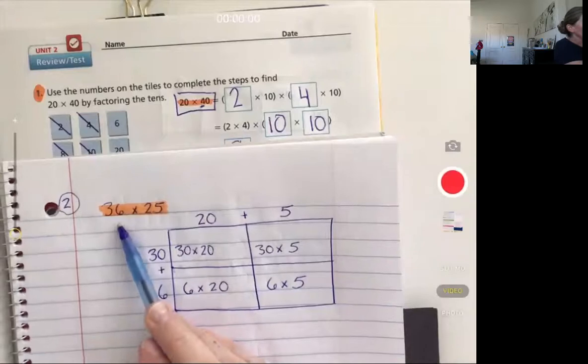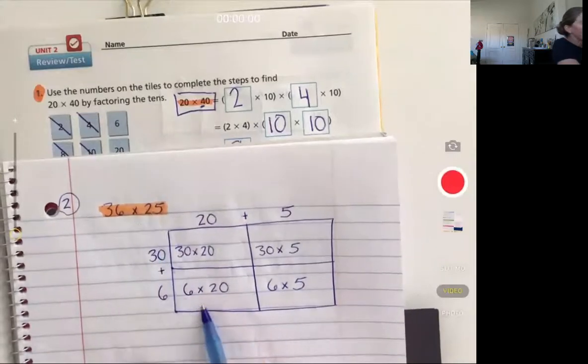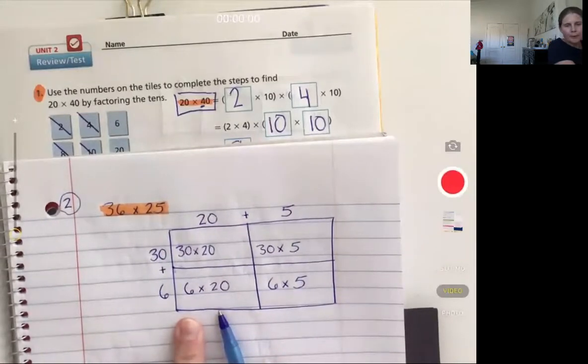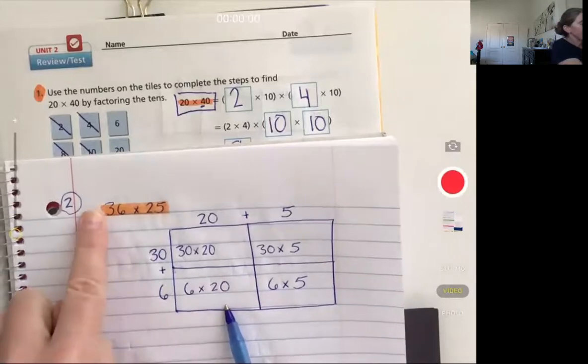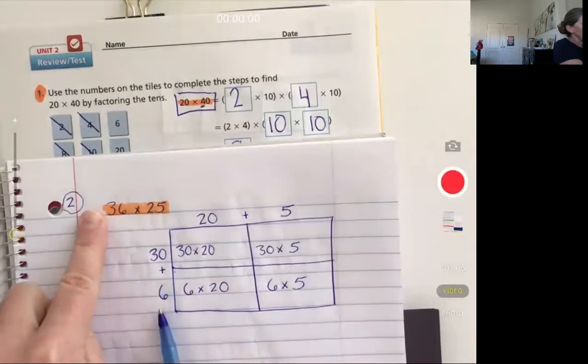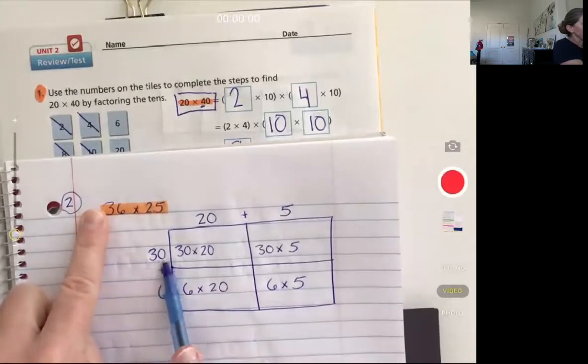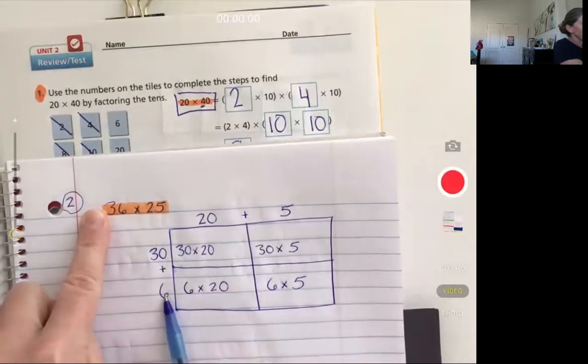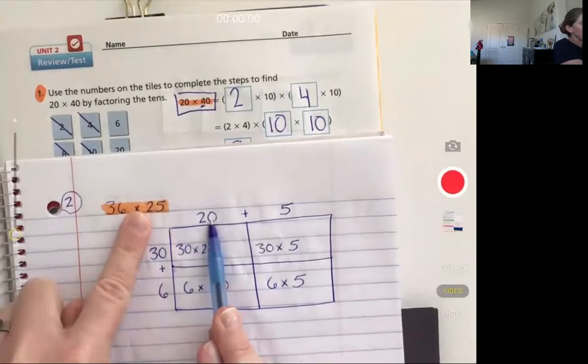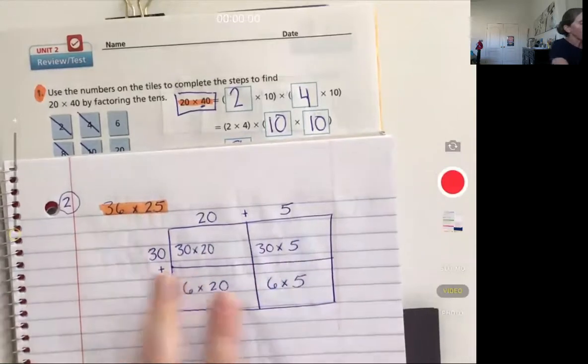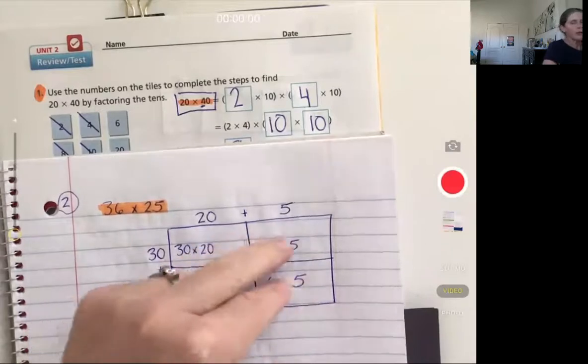I rewrote the 2 by 2, and I wanted to make an area model because this really clearly shows it. I'm taking each number and I'm breaking it up. 36 would be 30 plus 6. 25 would be 20 plus 5. So now I have my 2 by 2.